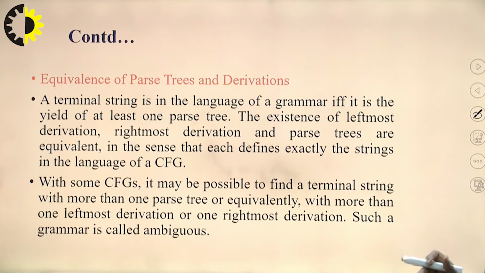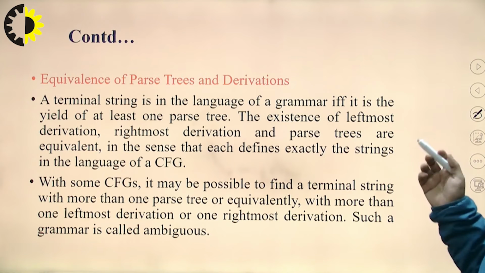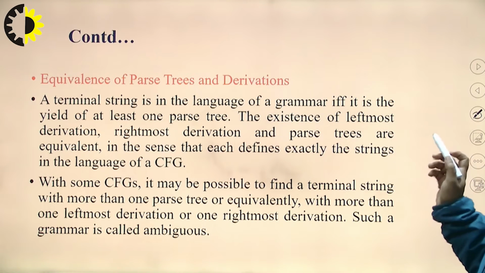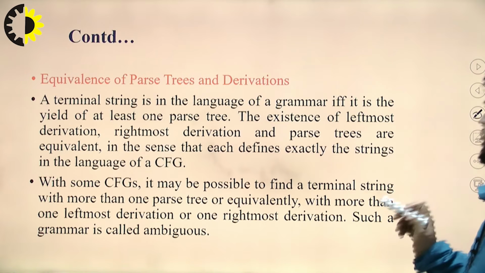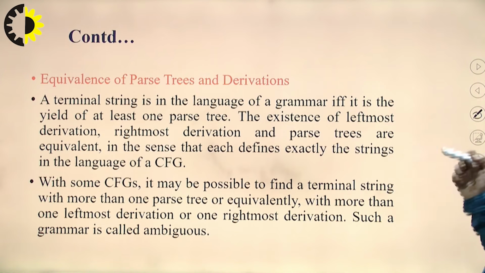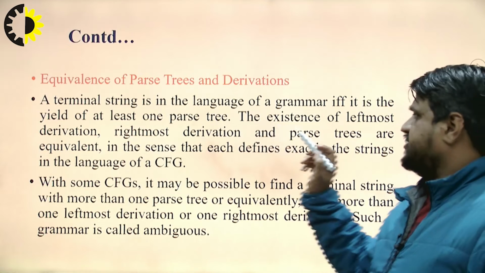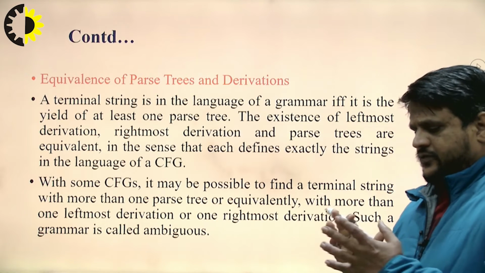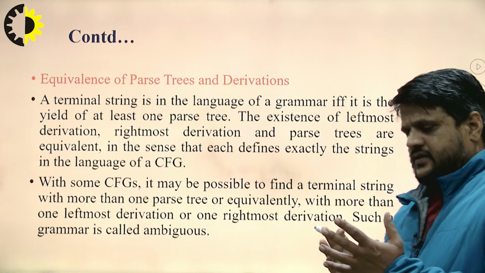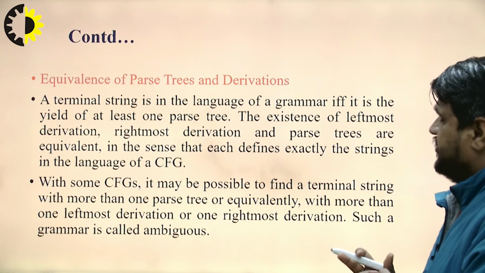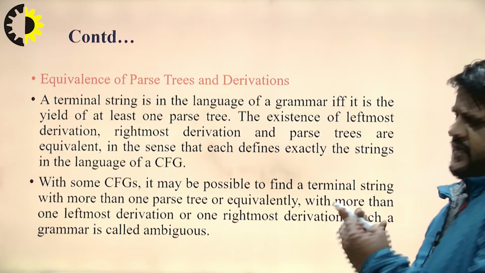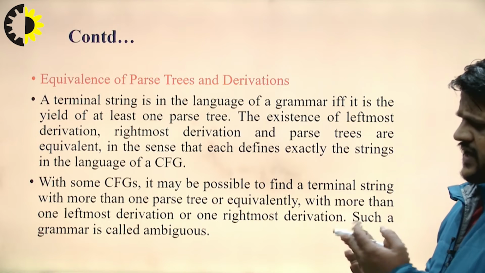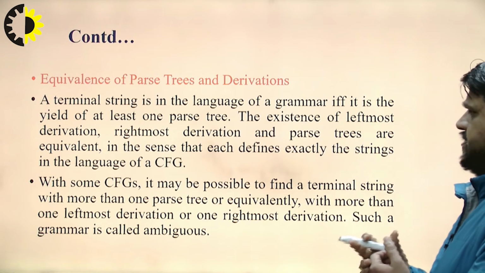Now we will move towards the equivalence of a parse tree and the derivations. So a terminal string inside the language of a grammar, if it is in the yield of at least one parse tree, right? If a particular language of a grammar is considered, every string has a parse tree corresponding to it, right?